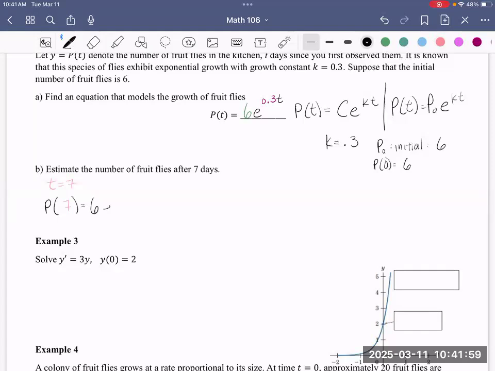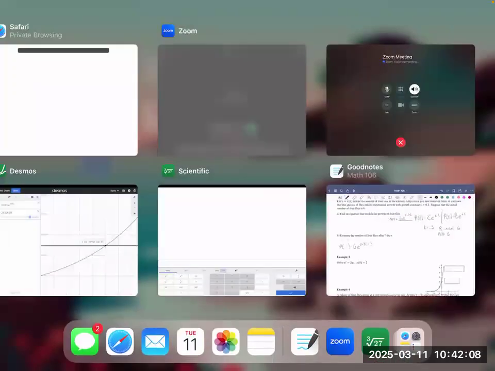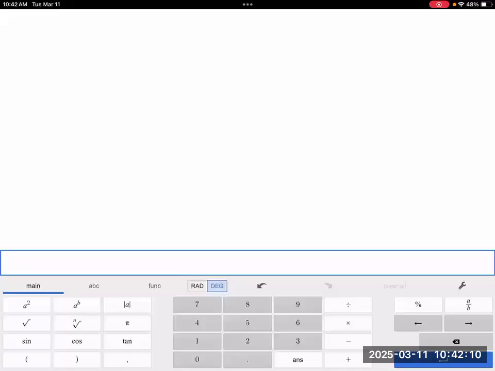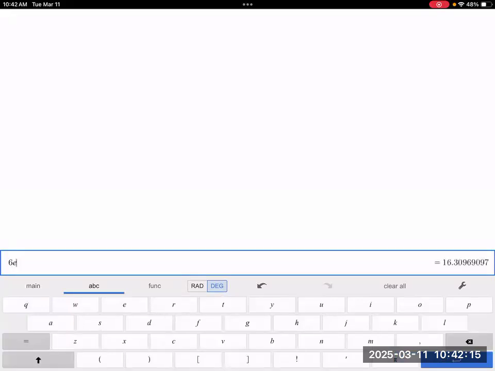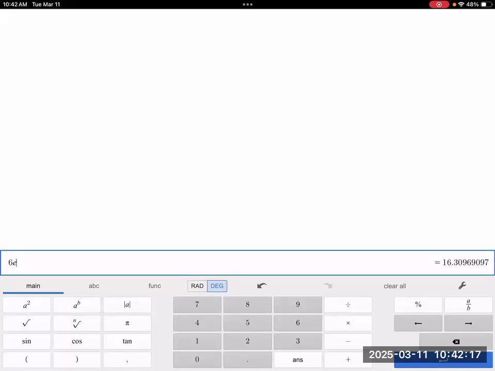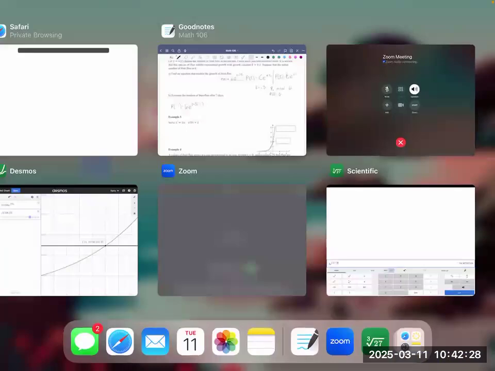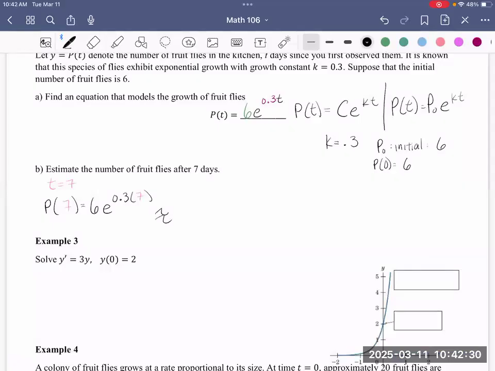So 6 e to the 0.3 times 7. Let's go ahead and plug that into Desmos over here. So we have 6. Keep in mind, e is found in your ABC format, raised to the 0.3 times 7. So we have 48.99, so about 49 or so fruit flies.